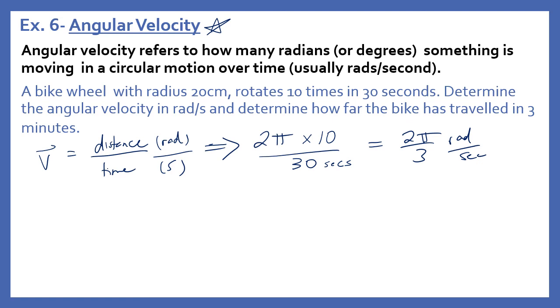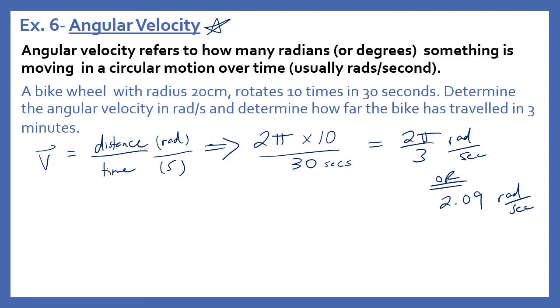If it asked you for an approximate answer, you could round that, and it would round to, I believe, 2.09 rads per second. So this wheel is rotating at 2.09, just over 2 rads per second.